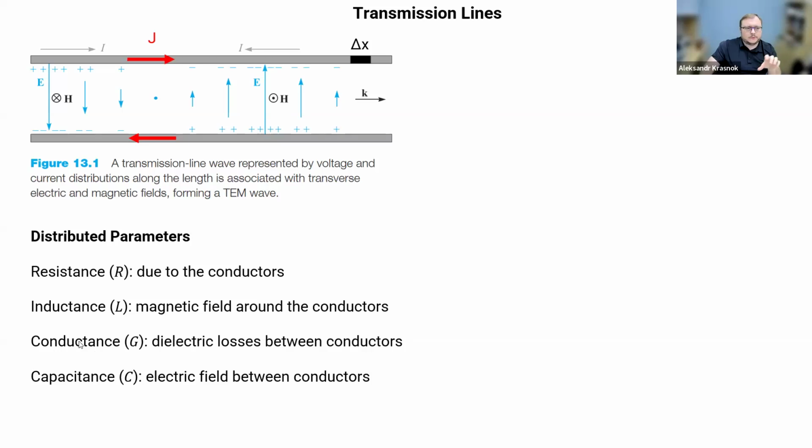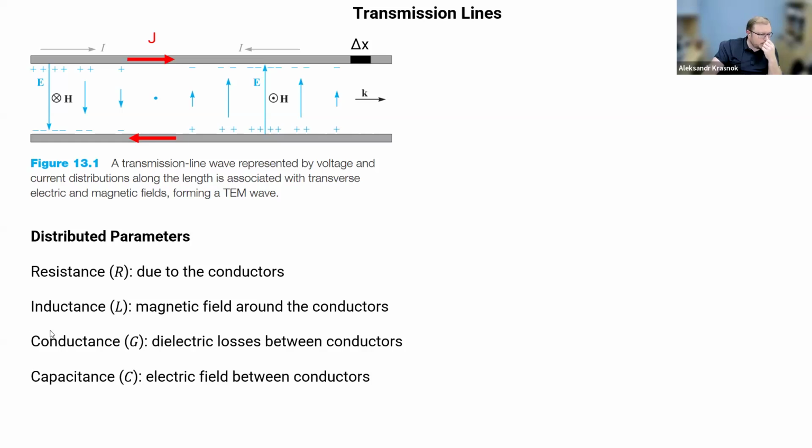Then conductance of the surrounding area, which can be air or some type of dielectric, and of course this is not perfect, so we take this conductance into account, and the capacitance between two wires. One wire can store some charge, another one can store some charge, and this capacitance describes the charge that the system can store when you place these wires together.